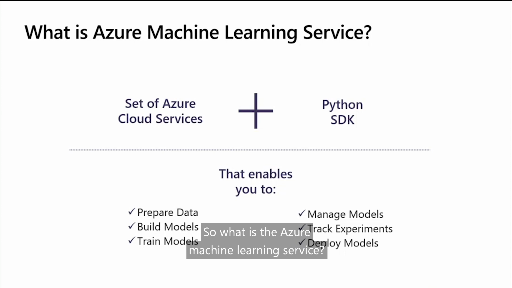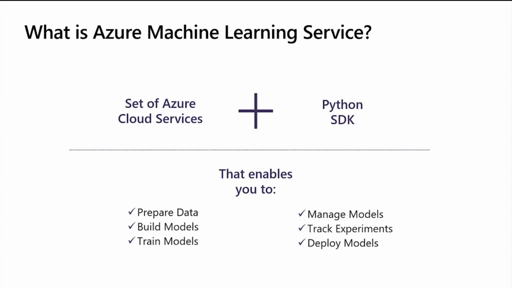So what is the Azure Machine Learning service? Actually, Azure Machine Learning service is a data science and machine learning platform. It includes lots of services, because a data science and machine learning platform requires compute and data sources.